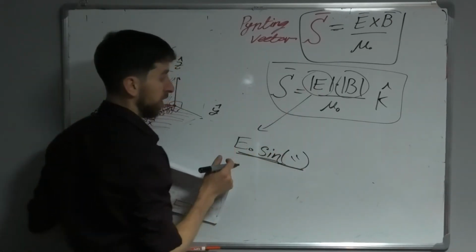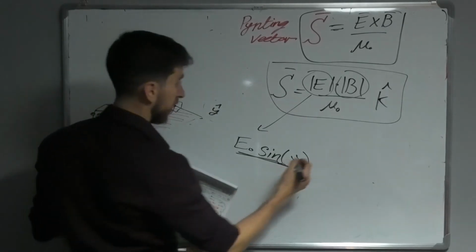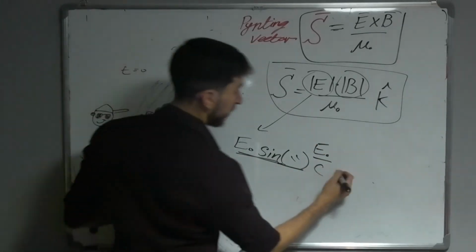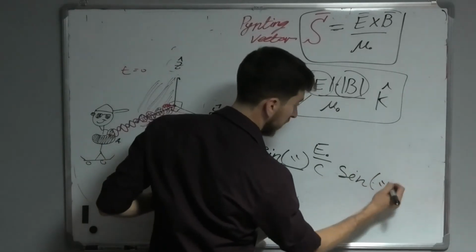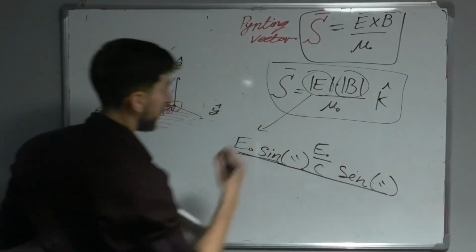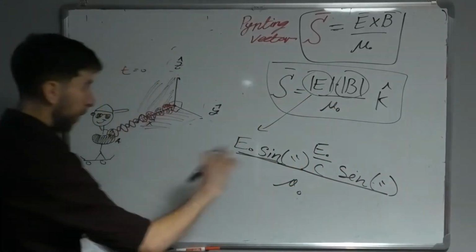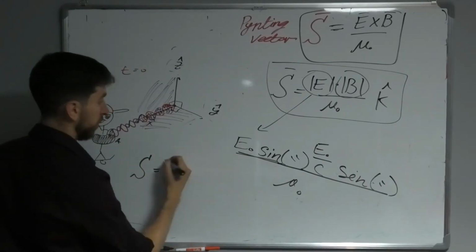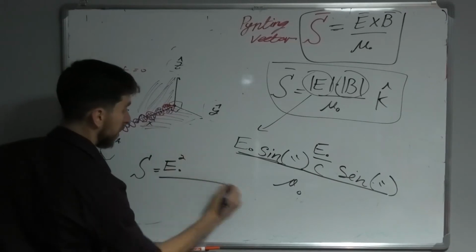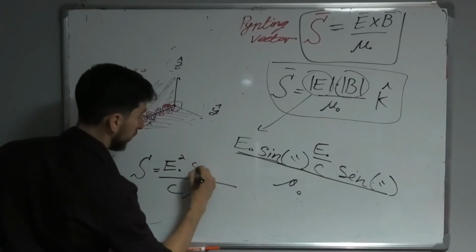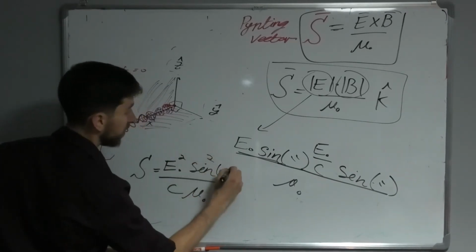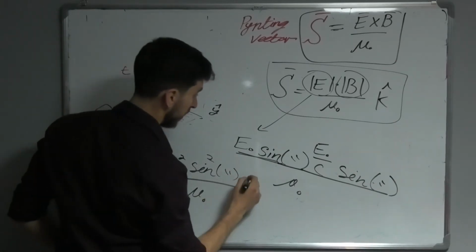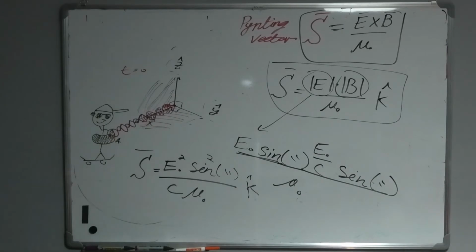And B is actually E0 divided by C, and also this sine, the same thing, and divided by mu 0. So actually the total thing is S equal to E0 squared over C mu 0, sine squared with the same thing inside, in the direction of K. So we found S.